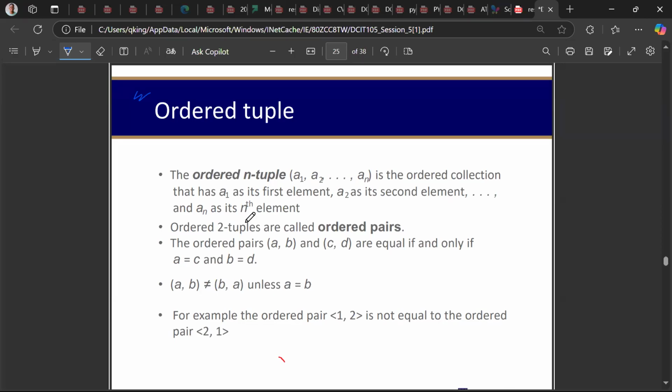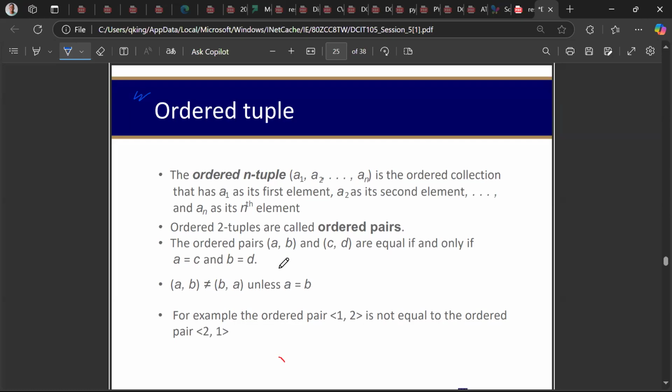And so this defines a sequence of n elements where the order of elements is crucial. So an n-tuple simply means a sequence of n elements.